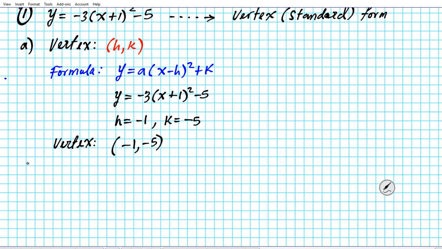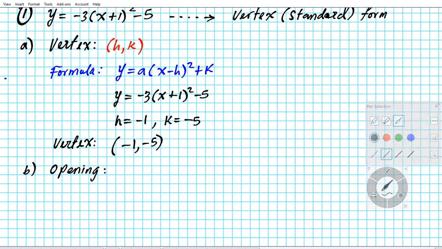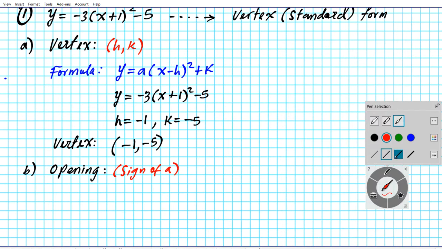Let's move on to the b part. We're to find the opening. The opening of our parabolic function is basically determined by the sign of a. Is a positive or is it negative? In this particular case, a is negative. So what does that mean?